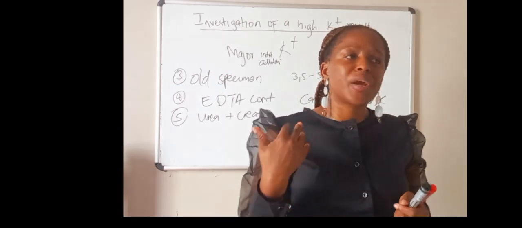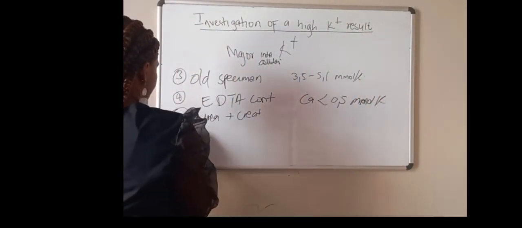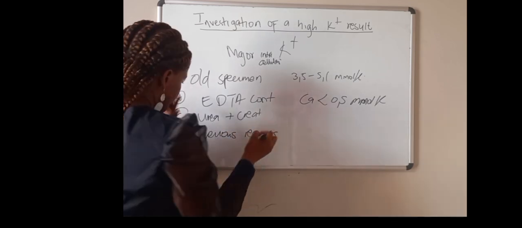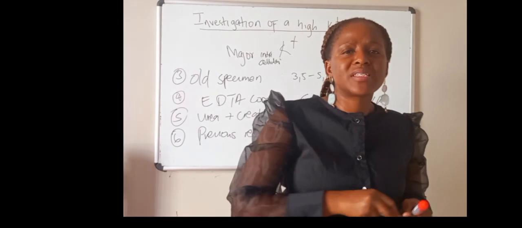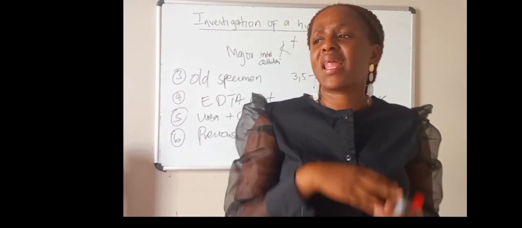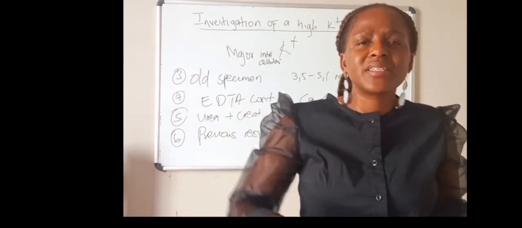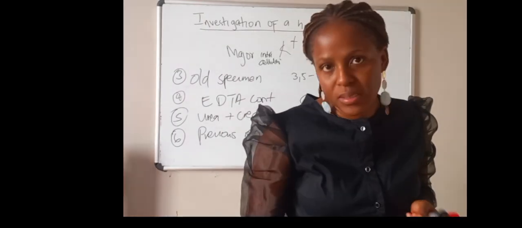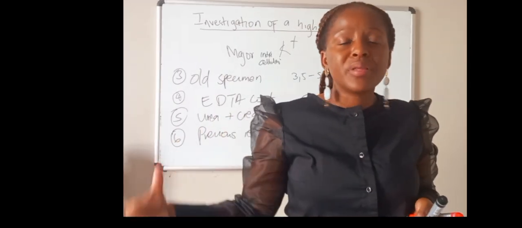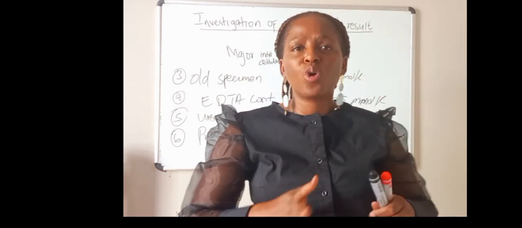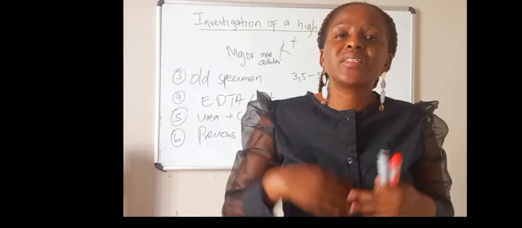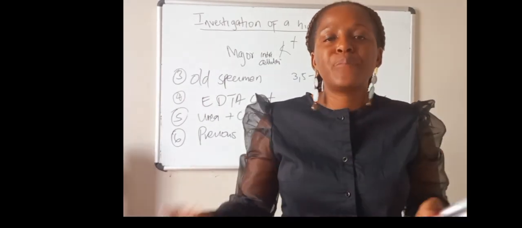And as well, you can check previous results. By previous results, I don't mean results that were done last year in 2019. You're going to check the most recent previous result, if the U&E was requested previously, let's say in the morning or yesterday, to check the potassium result of this patient and see whether this is a patient with a known high potassium result.